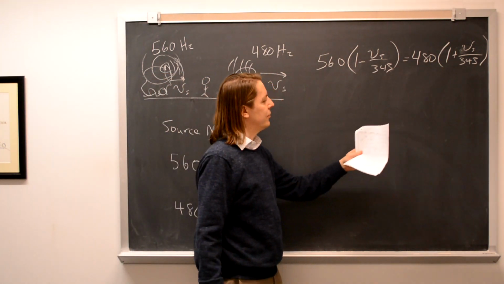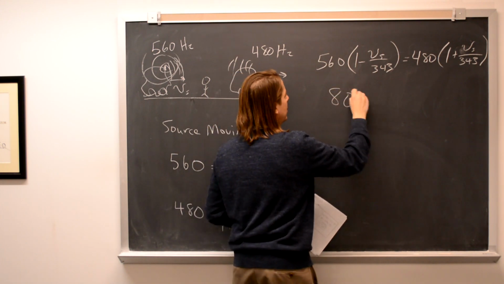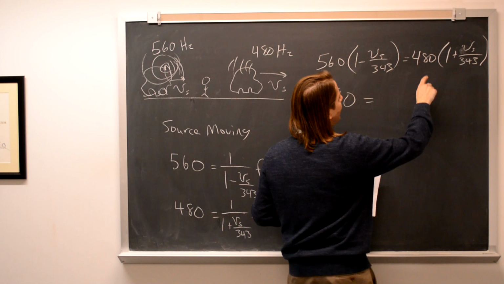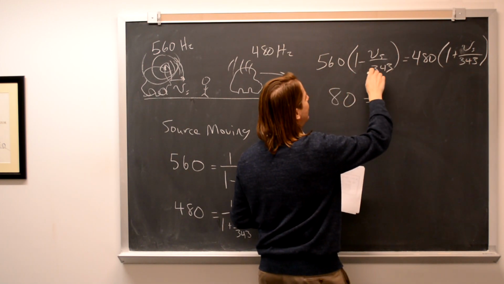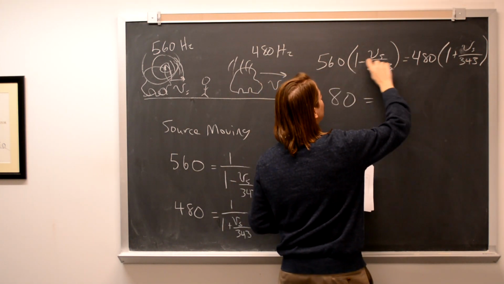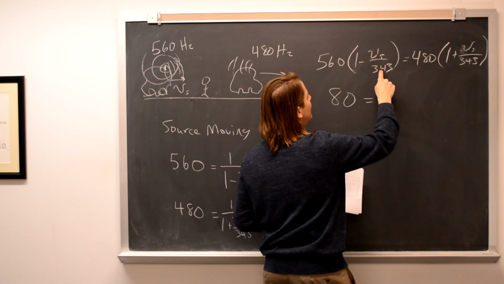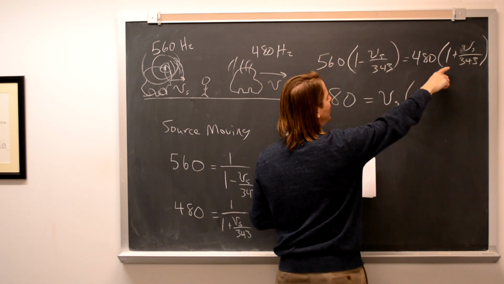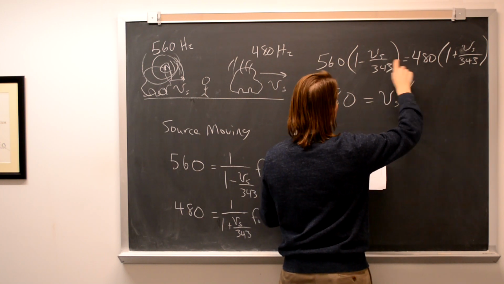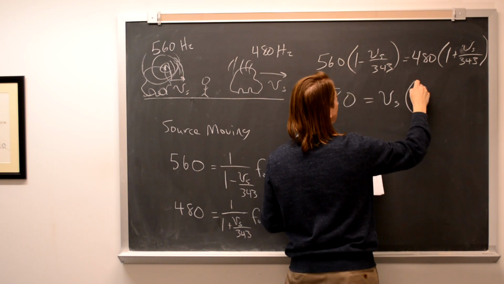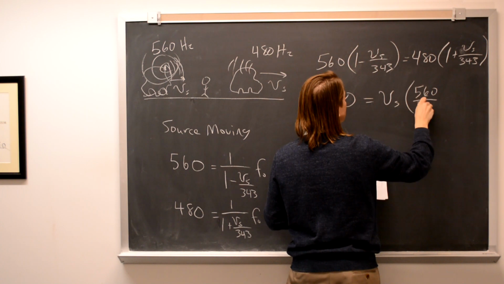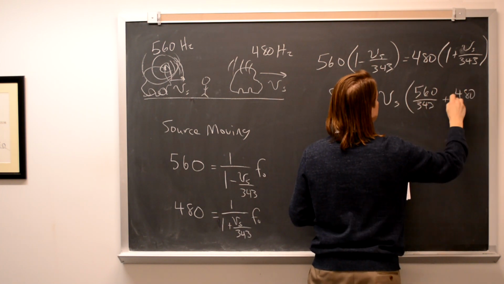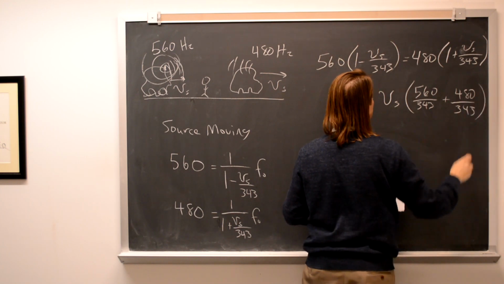And we just have to solve that. 560 minus 480 is 80. Okay, and then we're left with 480 times Vs over 343. Bring this one over, it's also positive. So negative 560 over 343 times Vs. So we get Vs is common to both of those, and we get 560 over 343 plus 480 over 343.